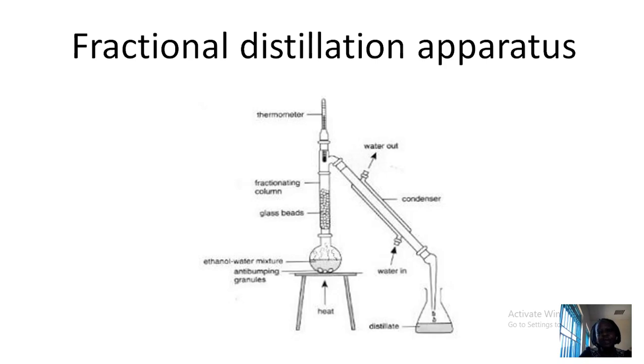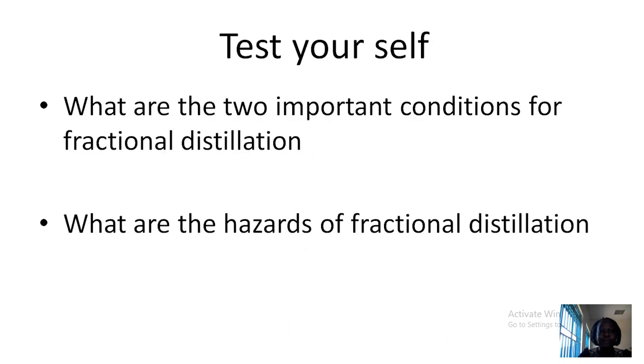We have the liquid condenser, which allows cold water in, and then warm water out. The main importance of the condenser is to cool the vapor so that we can obtain the distillate in the beaker as a liquid. So that is the simple apparatus of fractional distillation.